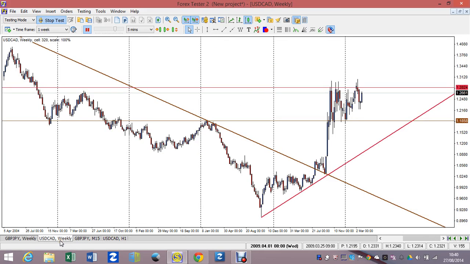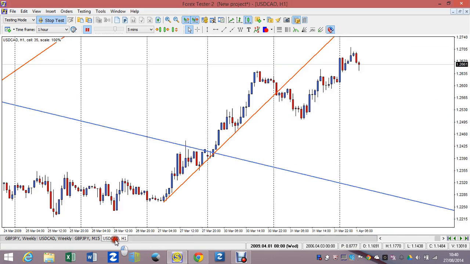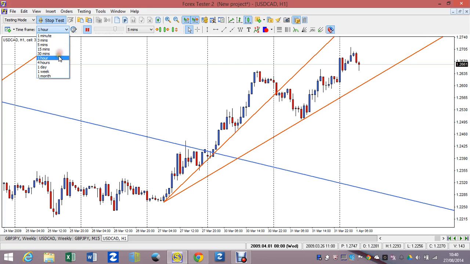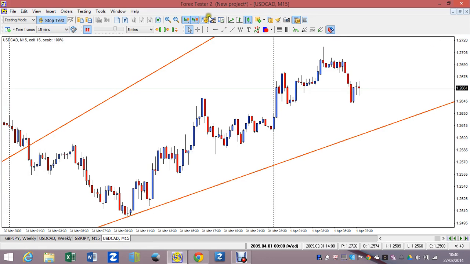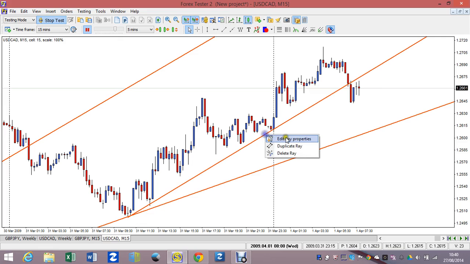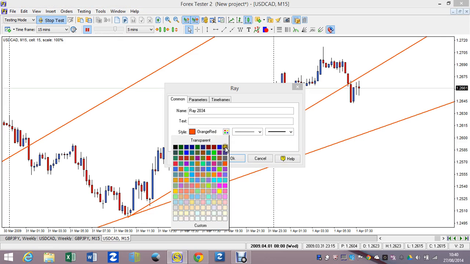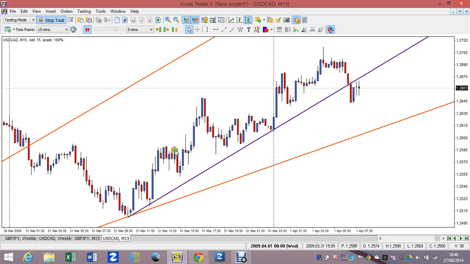The question is, do I want to continue to trade this pin bar here? The 15-minute line has been broken.